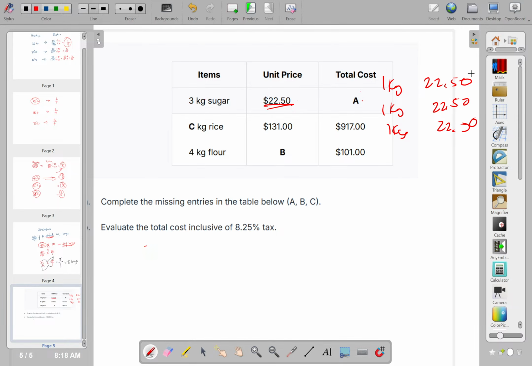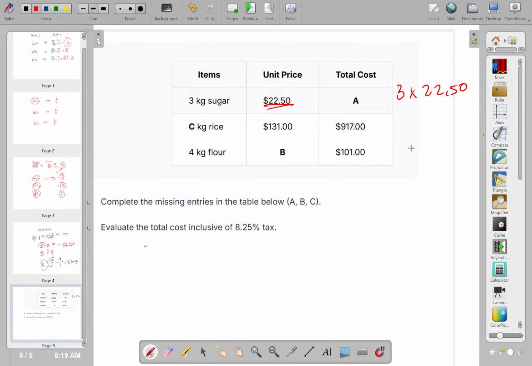What is the total amount here? Because that means I bought 3 kilograms. You can do it like that if you want to. But obviously the quicker way is we're going to do 3 times $22.50, right? And what does that give me, everybody? 3 times $22.50 gives me how much?